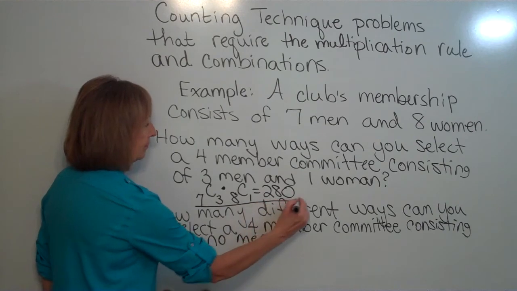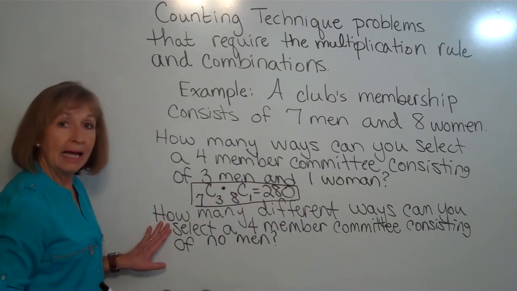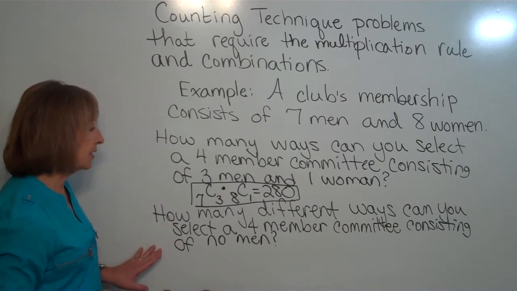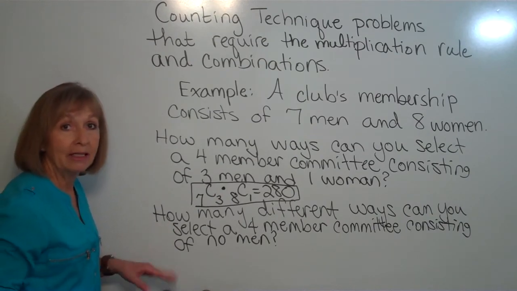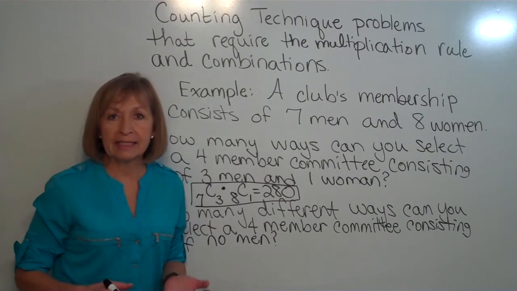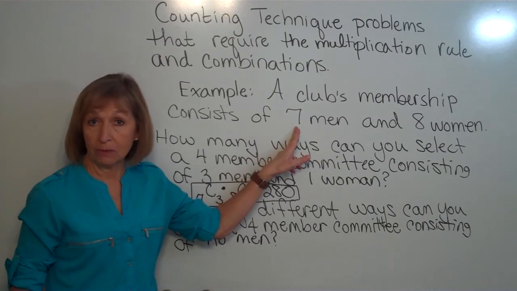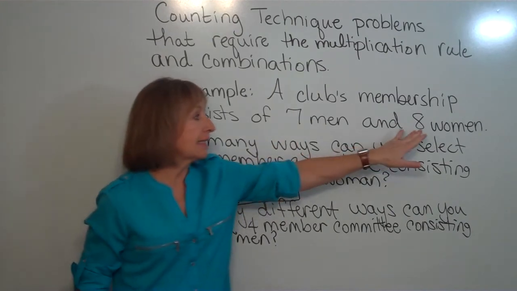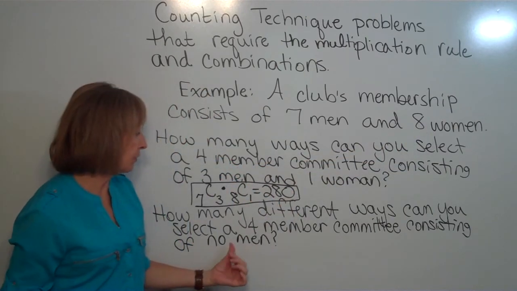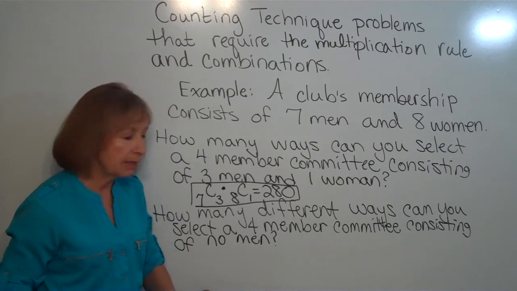Now the next one: how many different ways can you select a 4-member committee that's consisting of no men? Well, you could actually say that I have 7 combination 0, because I don't have any men, times 8 combination 4, because if there's no men in the committee, all 4 of them are women.